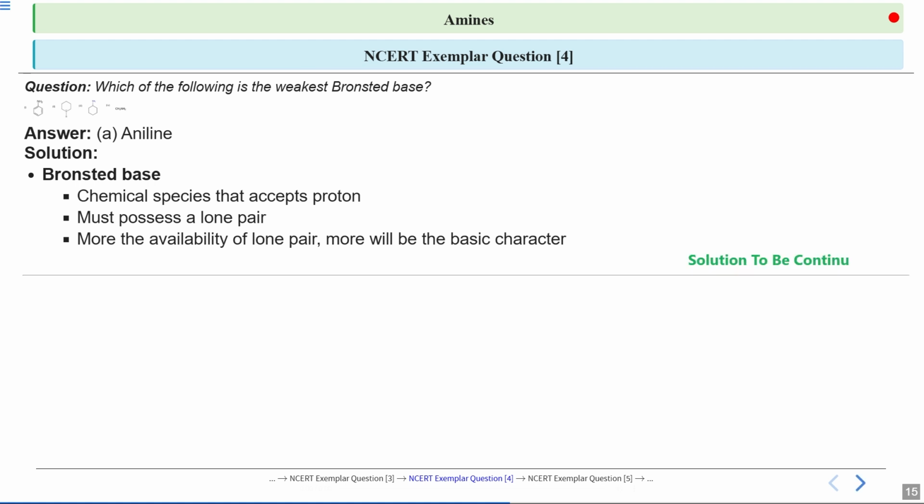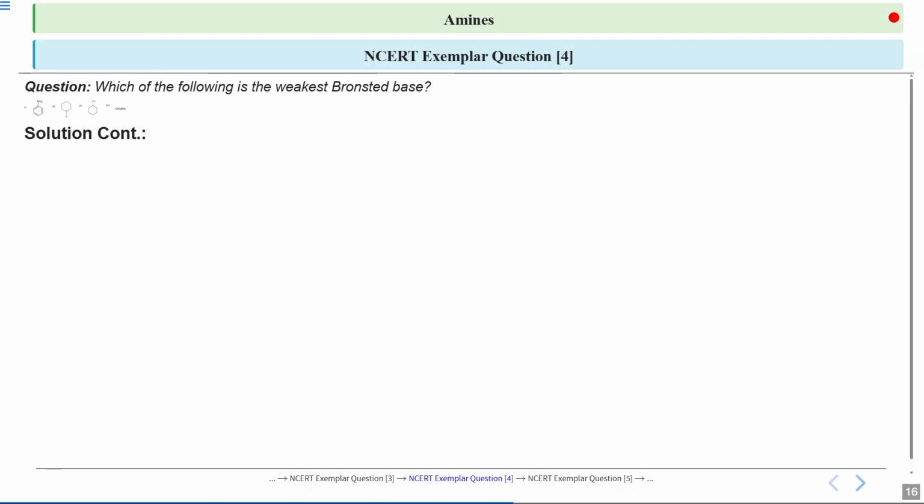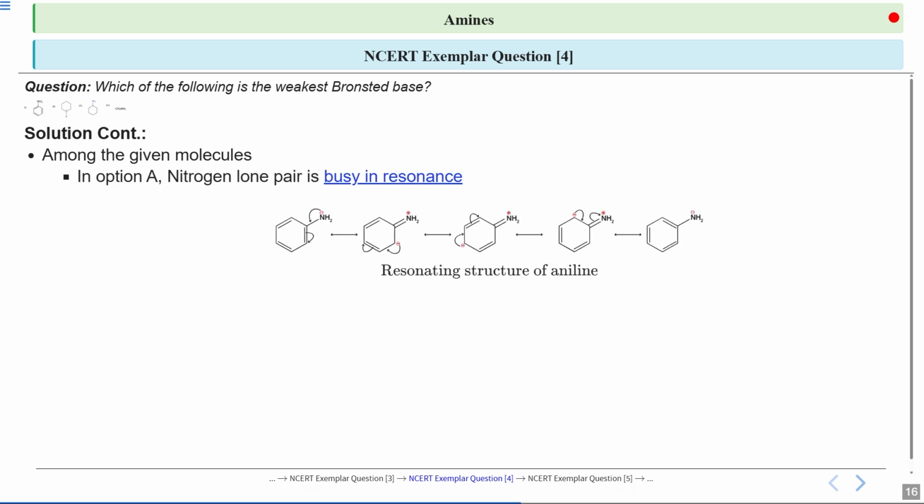So if we move further, we will see among the given molecules which are given to us, in option A, which is aniline, the nitrogen's lone pair is involved in the resonance in aniline's resonating structures. If you'll see over here nitrogen, which has a lone pair, it is busy taking part in the resonance. So look at the resonating structures of aniline.